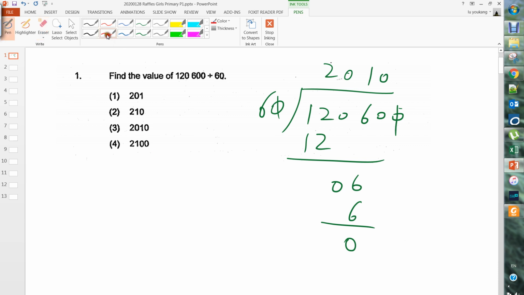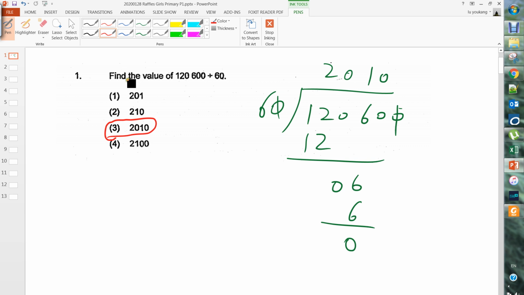Okay, sorry, so the answer should be 2010, right? I was listening to you and I accepted 2 as the answer, but it turns out when I used my method to double check against your answer, I realized your answer was wrong.